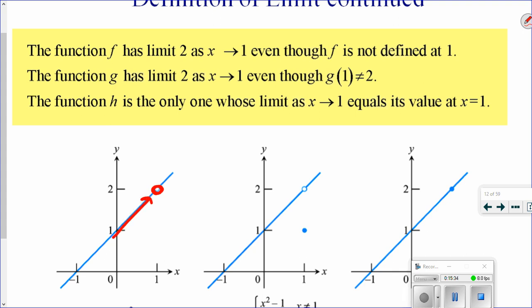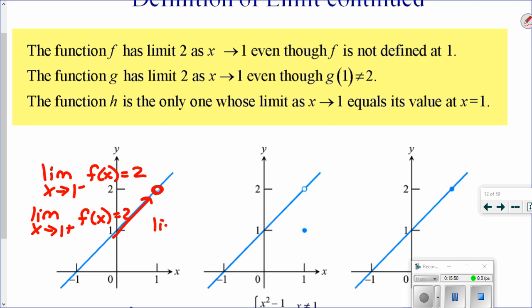Because the left is going towards 2 and the right is going towards 2, the limit equals 2. So we don't care that there's that hole. That hole means nothing to the limit.